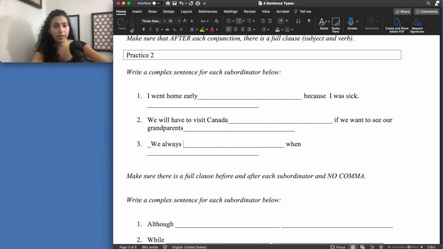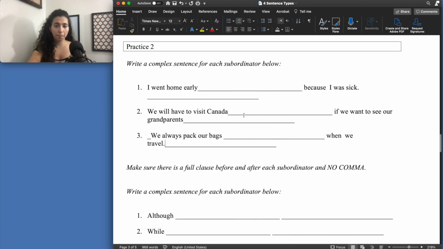We always pack our bags when we travel, okay?